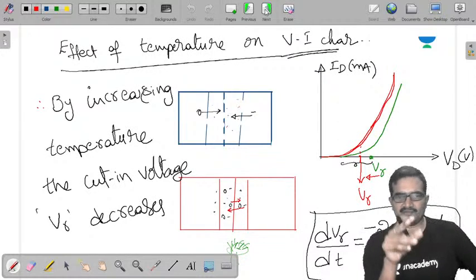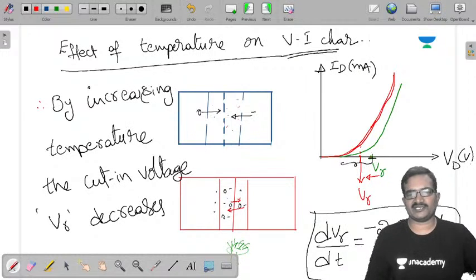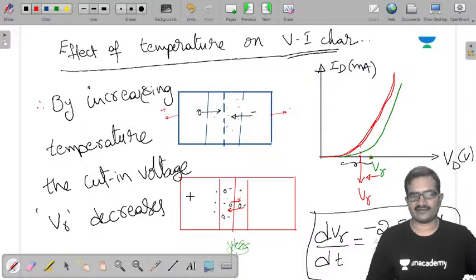Okay, so we observed that without applying any temperature, V gamma is this much. Why are we taking this much value? Because by applying the forward voltage, this forward voltage is going to take the hole through this side and the electron through this side. So this voltage has to move the hole from here to here, and similarly the electron from here to here.